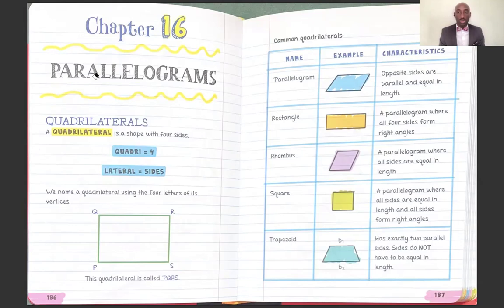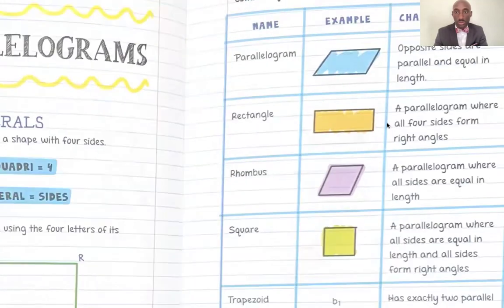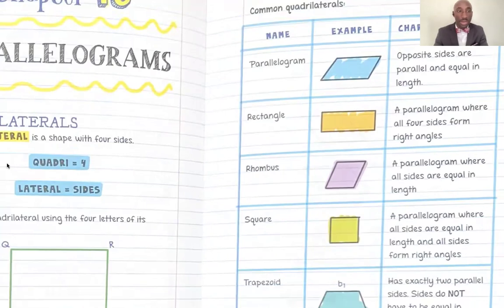As you can see on our common quadrilaterals, there are five on this page. First is parallelogram. The opposite sides are parallel and equal in length. This is very important. Let's zoom in a little bit. The opposite sides are parallel, so this side and this side are parallel, and they're also equal in length.